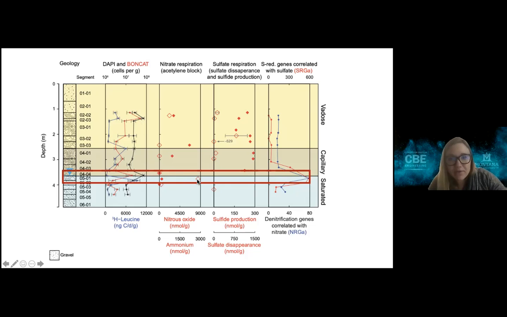And it's not a perfect overlap, but we see nitrate reduction leading to nitrous oxide off-gassing also happening at this water table. So this was the first time that people have looked at this fully comprehensive stratified core, trying to understand where the activity is, where we should target when we're doing these bioremediation efforts. And we've really focused in now for future studies based off this on this water table at the capillary fringe.